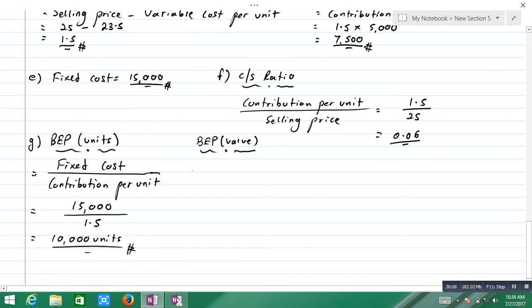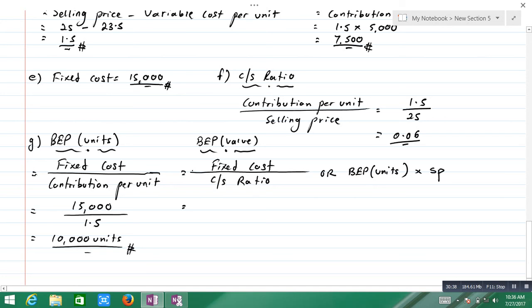So over here, you're going to take 15,000 divided with the CS ratio we just calculated on part F over here, 0.06. So 15,000 divided by 0.06, that will give you 250,000. That's the value.